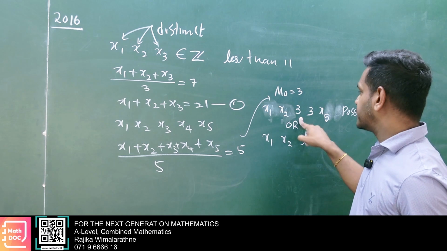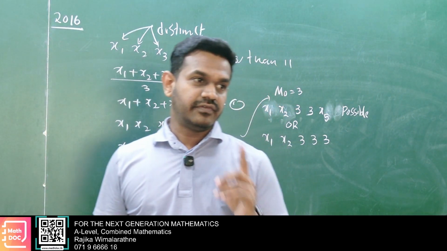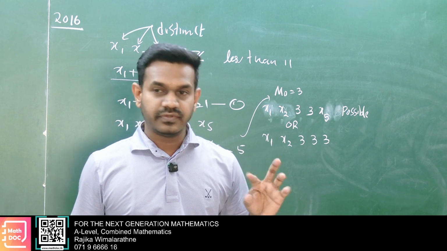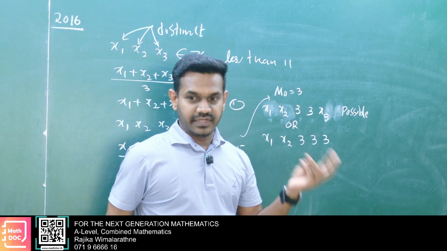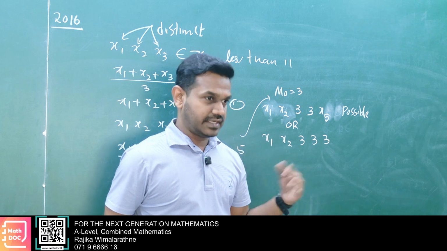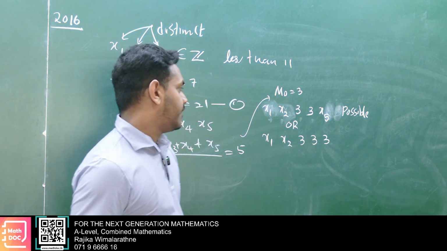There is only one mode, which means at least 2 equal values. So there can be 2 values equal to 3, or there can be 3 values equal to 3. Then we have two possibilities. Now you have to check further.